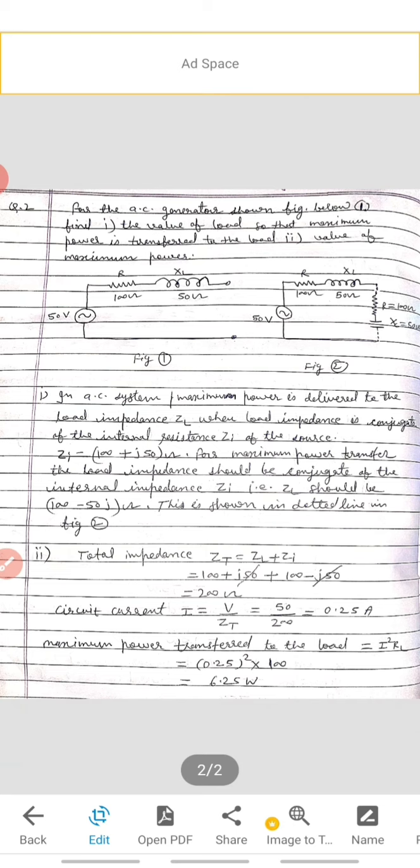For maximum power transfer, the load impedance should be the conjugate of ZI. That is, ZL should be 100 minus 50 J ohm, and this is shown in dotted line in figure 2.